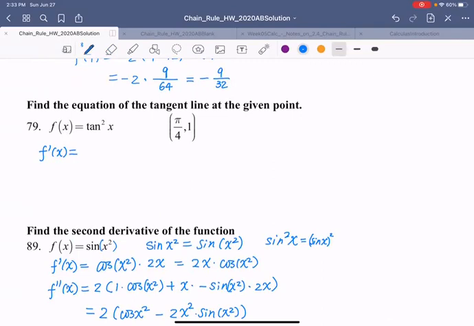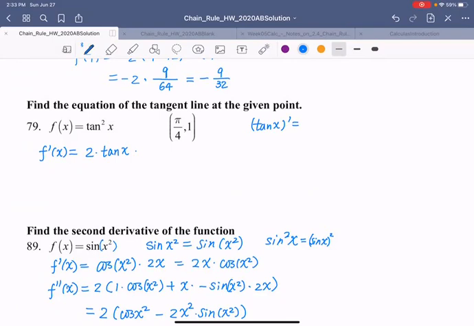F prime x is 2 times tangent x times, who is this guy?